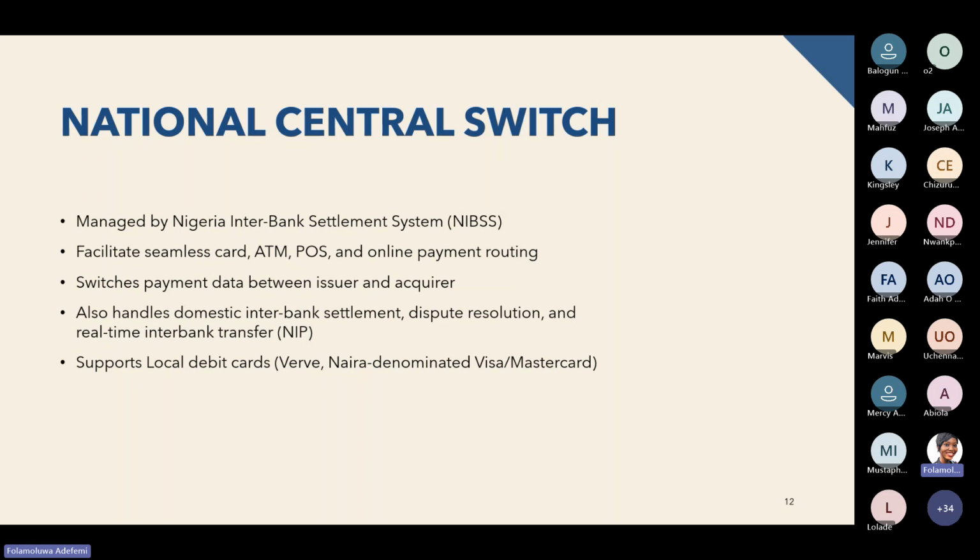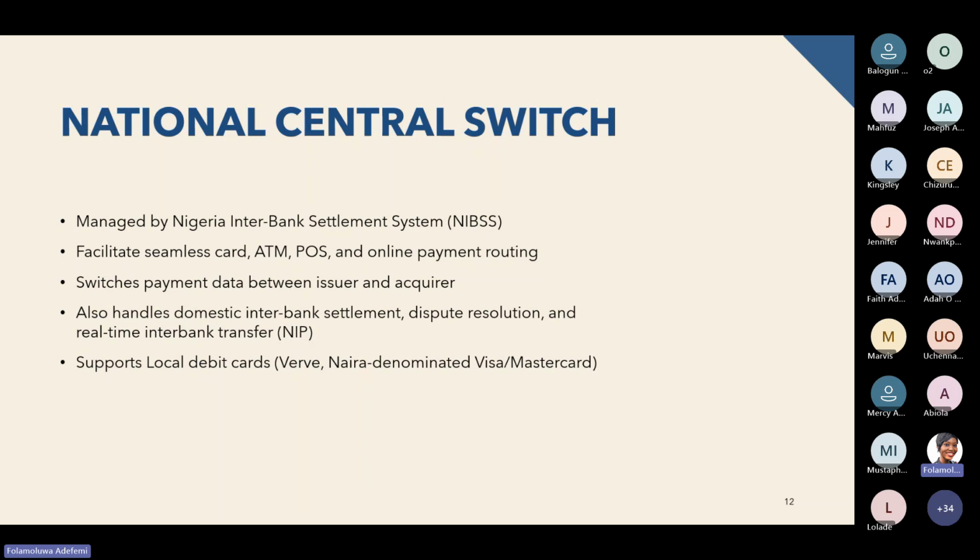There are windows where the actual money movement then happens, and NIP facilitates that. So the issuer, the switch pretty much would be creating reports to say, okay, for this transaction, money is supposed to move from GTB to Access Bank, and this is the amount that's supposed to be moved. And those reports are what NIBS will then use to handle settlement.